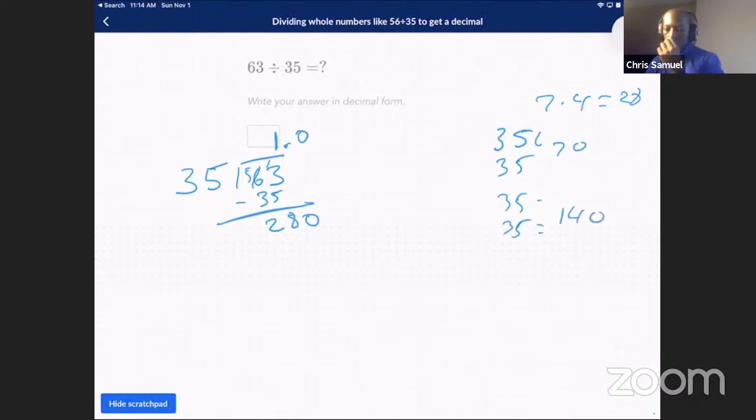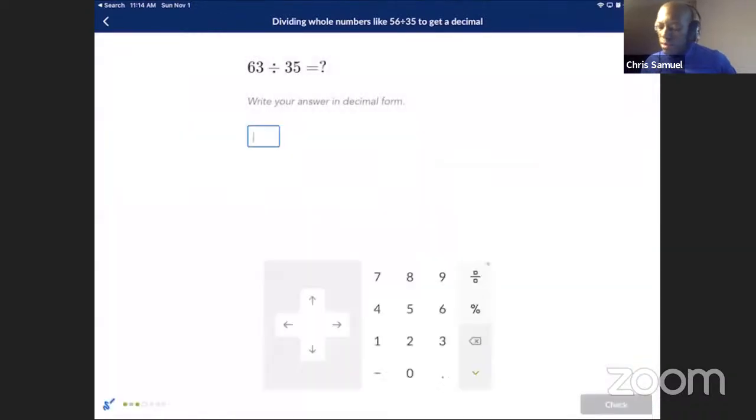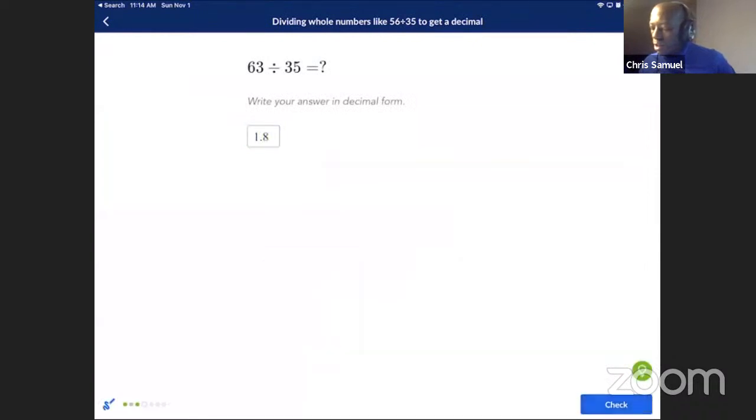So I can start to see that it's 8. You move this 8 here, so it's 1.8. Without wasting any more time.